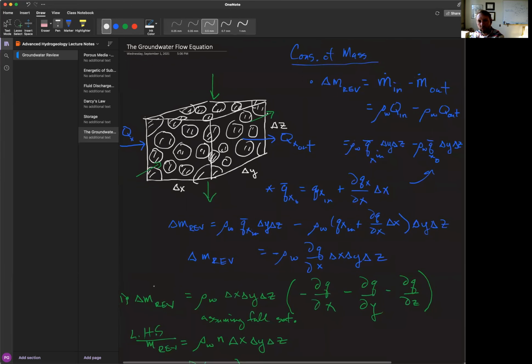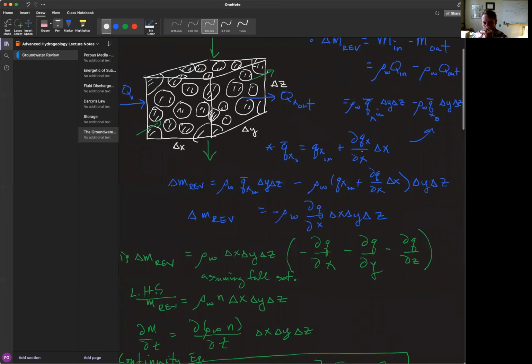And just for the record, I did that here where I pulled rho water out of this differential. So this is where I assumed that the density does not change specifically with space.